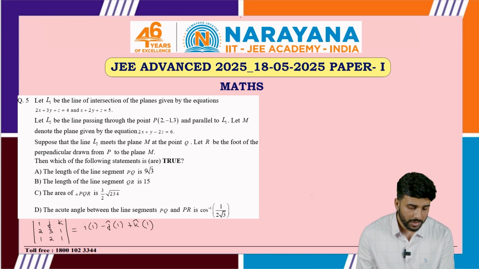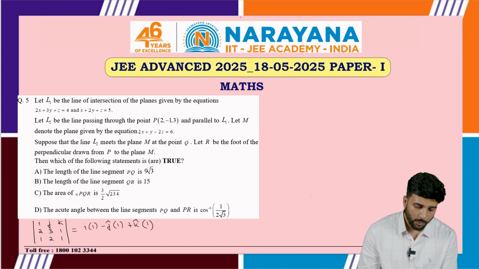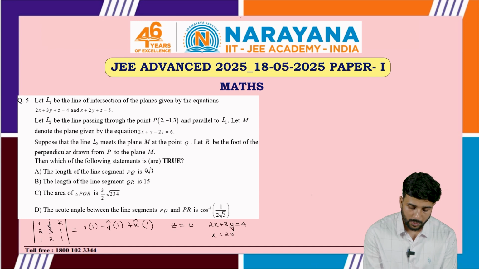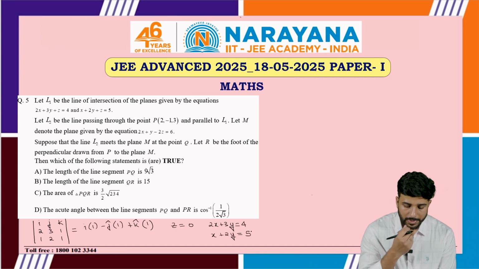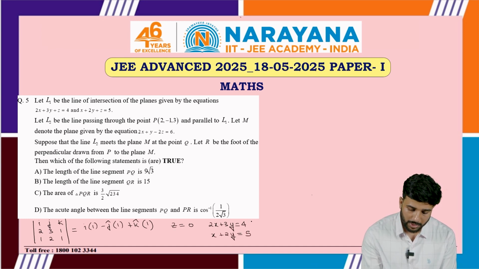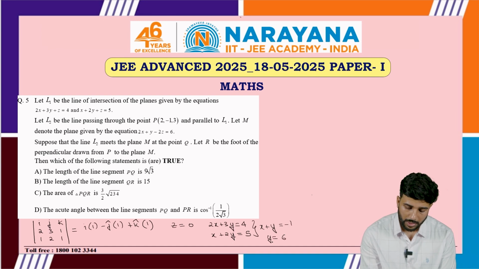And a point of intersection I have to find out. So if I substitute z equal to 0 for the time being, I'll get 2x plus 3y equal to 4 and x plus 2y equal to 5. If I subtract them, I'll get x plus y equal to minus 1 and x plus 2y equal to 5. If I subtract, I'll get y equal to 6 and x equal to minus 7.